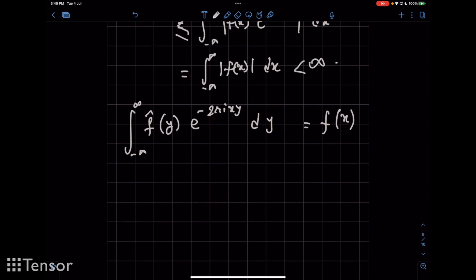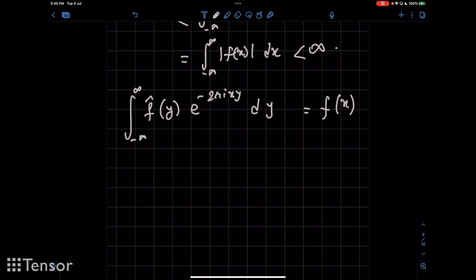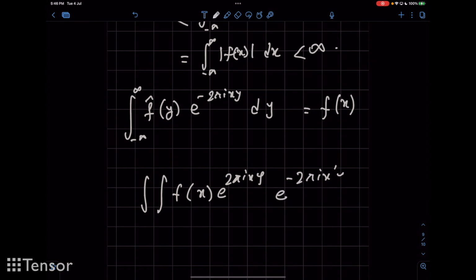So what is this? This is equal to, let's say, sorry, I think it's better if I write it like this. f of x e to the power 2 pi i xy, this is the f hat, then I get e to the negative 2 pi i x prime y, because this x and this x are not the same, dx dy, and both the integrals are from negative infinity to infinity.